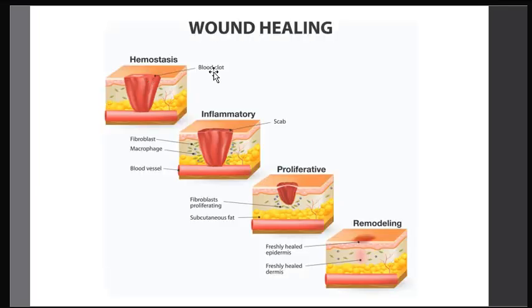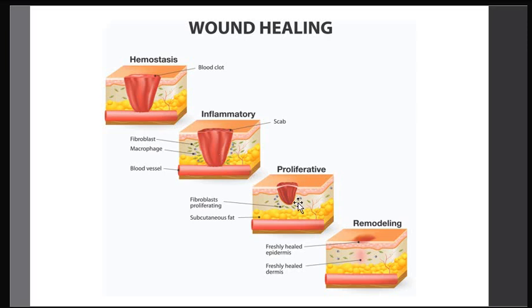Like from this picture, in the first step of wound healing, a blood clot forms to stop the bleeding. In the second step, neutrophils and macrophages rush to the area to remove the bacteria, foreign particles, and damaged tissue from the body.